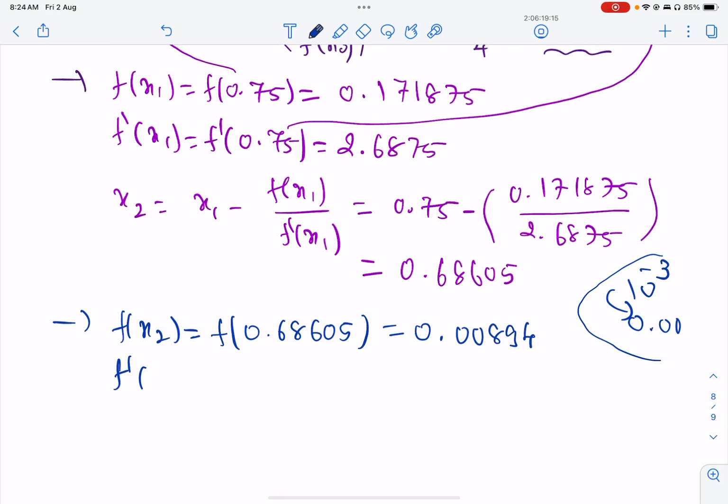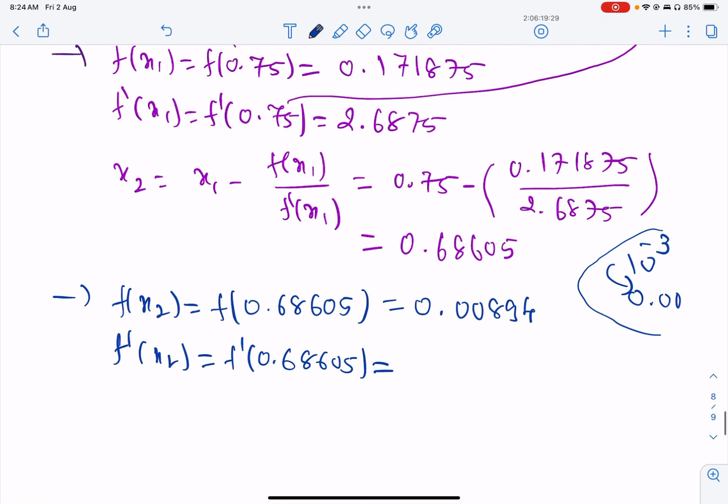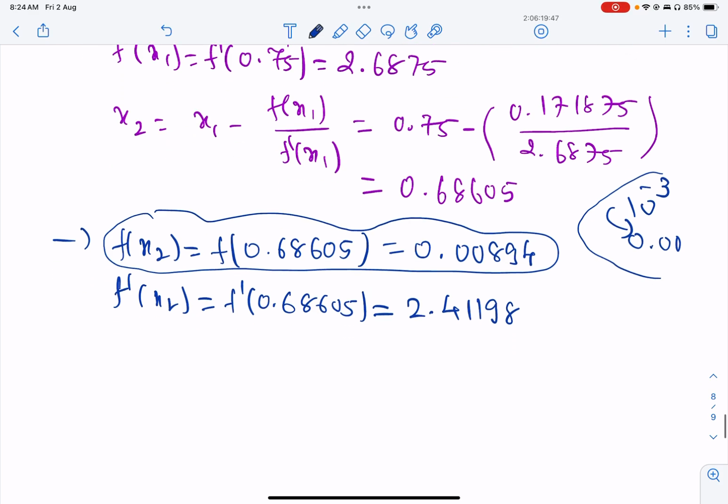Same way find f dash x2. So f dash 0.68605. Keep it in f dash here, 3x square plus 1. So you will get that as 2.41198. When you get the value of f of x very close to 0, then you should understand that now you are approaching the correct answer.